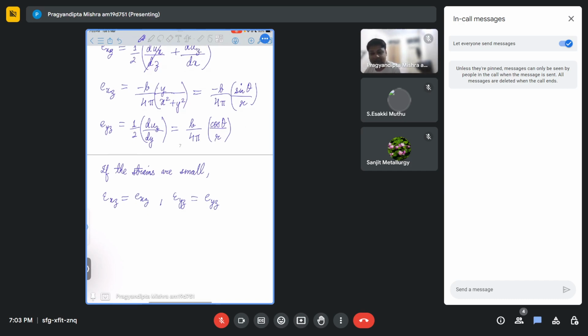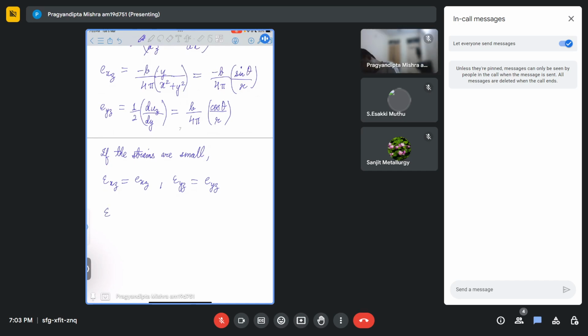So I can write the strain tensor for this particular screw dislocation as 0, 0, epsilon xz, then 0, 0, epsilon yz, then epsilon xz, epsilon yz, and 0.